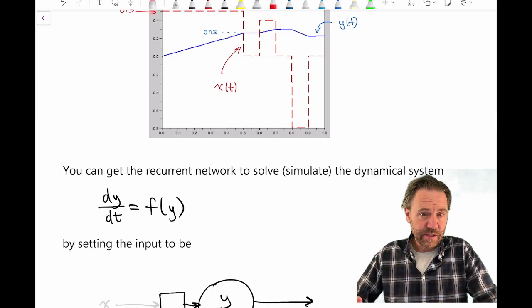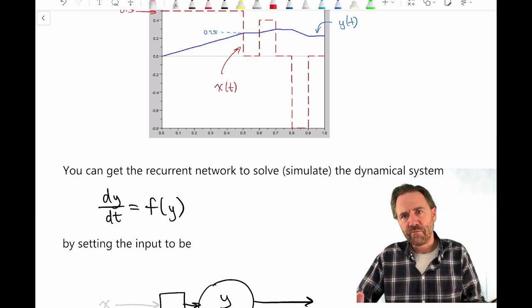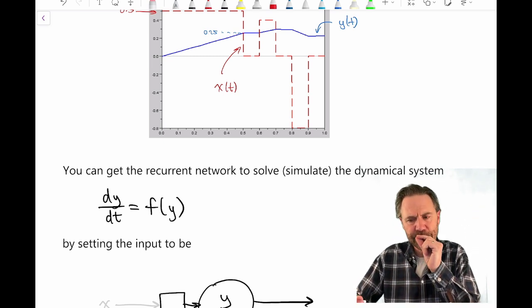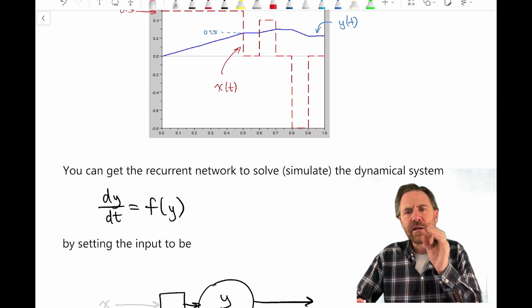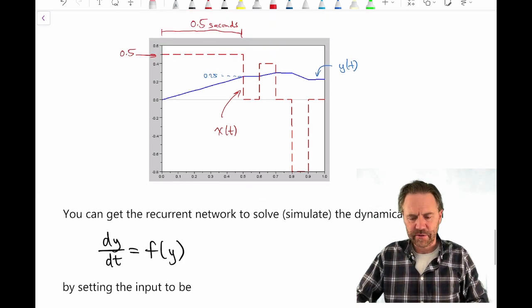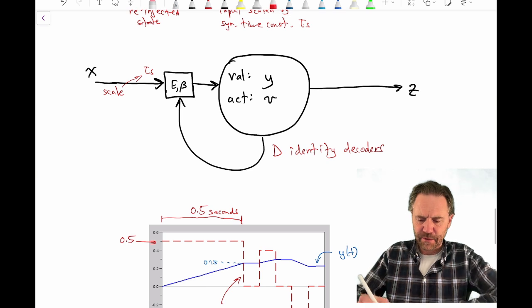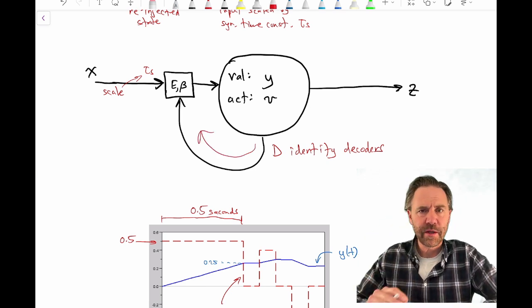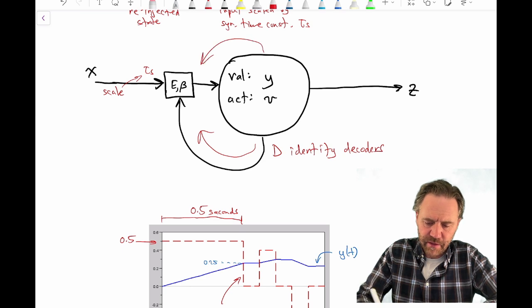Because of this analysis, the re-injected current can include other factors. So this part here, this re-injection, has to be there. You have to re-inject Y, but you can also re-inject other things.